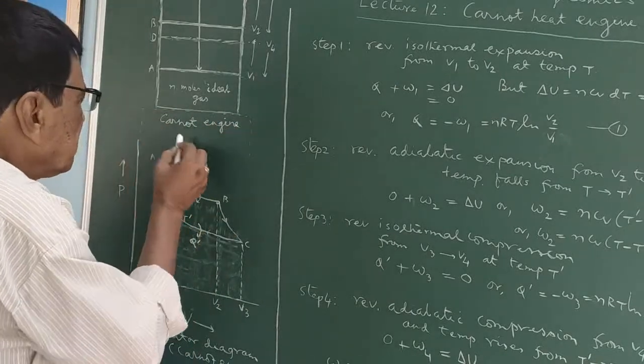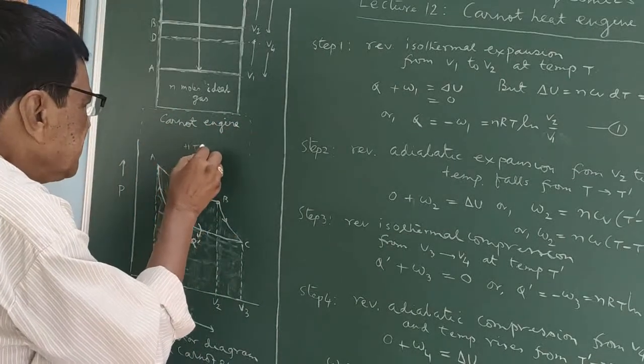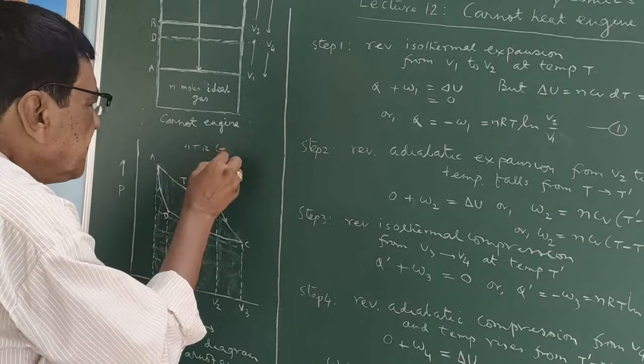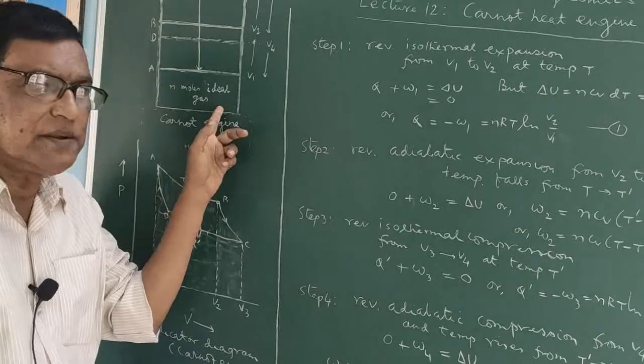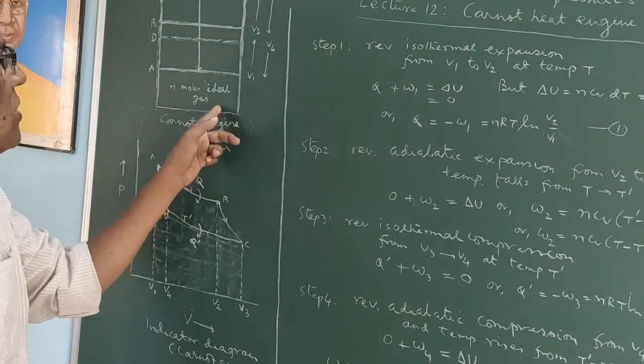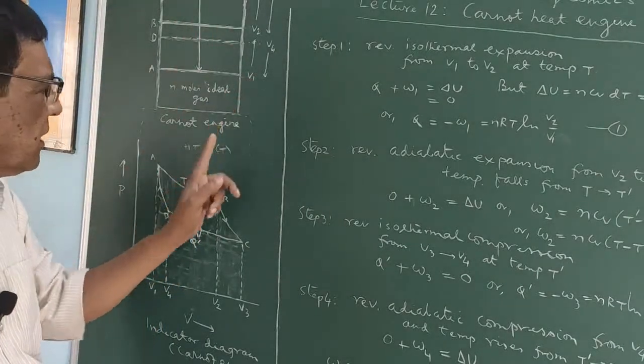This is the hot reservoir, HTR, at temperature T, and the initial state is P1, V1 and T.